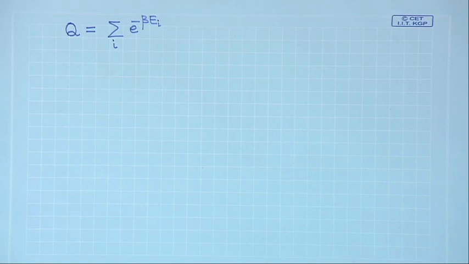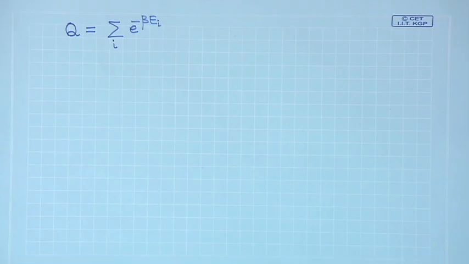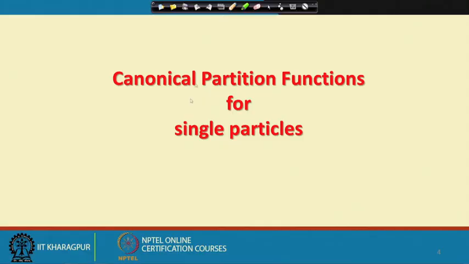Therefore, the aim of this particular lecture is to evaluate the canonical partition function of a given system for which the solution of the Schrodinger equation is known. So, we are going to start by calculating the canonical partition function for single particles.